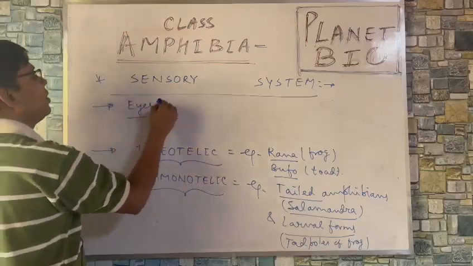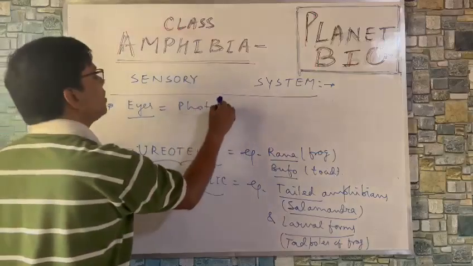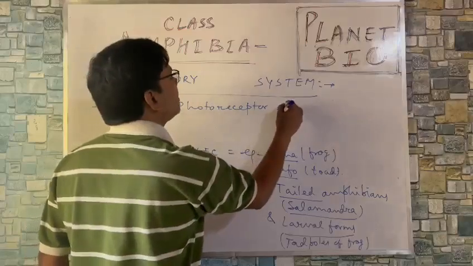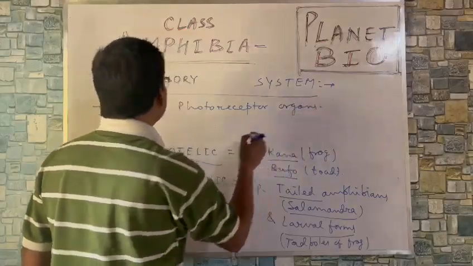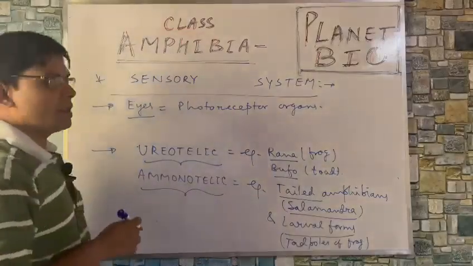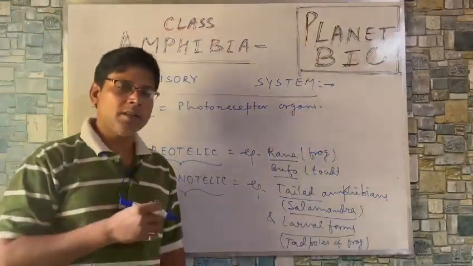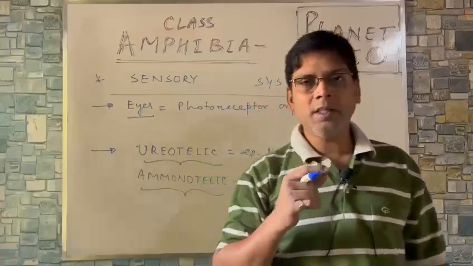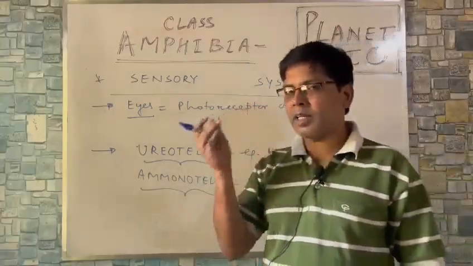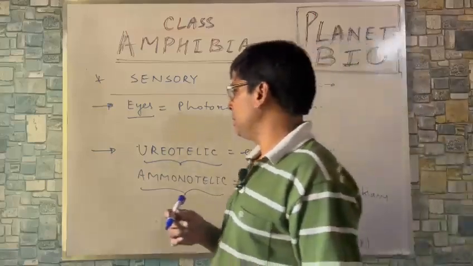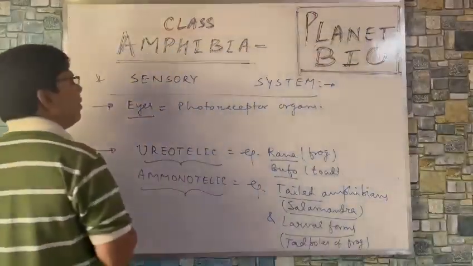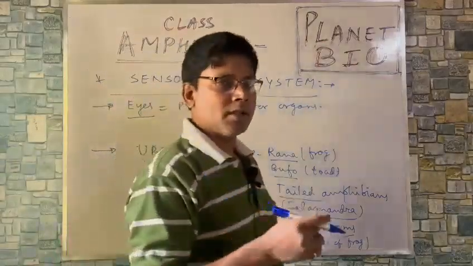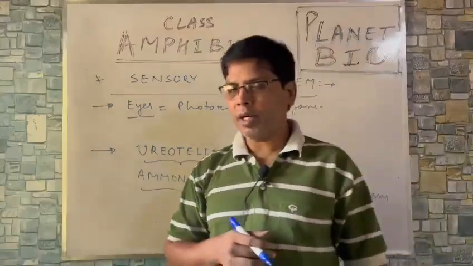Eyes are photoreceptor organs, for visual stimuli. For example, in frogs, 2 eyes are there with 3 eyelids: upper eyelid, lower eyelid and nictitating membrane, that is plica semilunaris. And frogs don't have cones for colored vision. In bright light they cannot see.